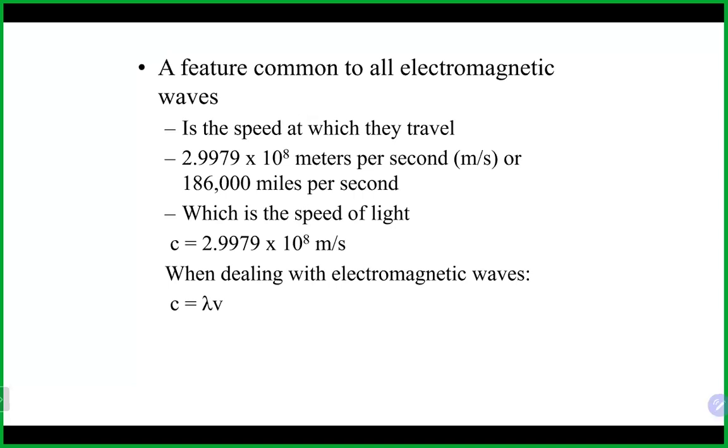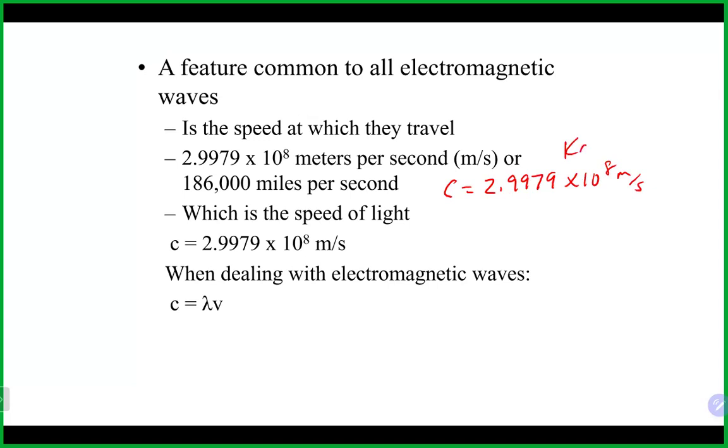Now, one thing that is common to all electromagnetic waves is the speed at which they travel, and that is the speed of light. Here they would like you to know this number, not the 3 times 10 to the 8 that most people use, but 2.9979 times 10 to the 8 meters per second.